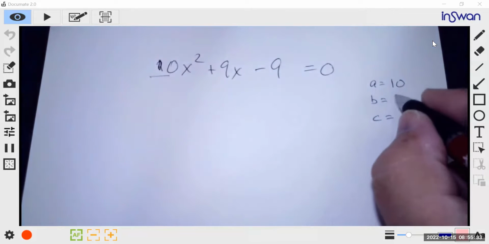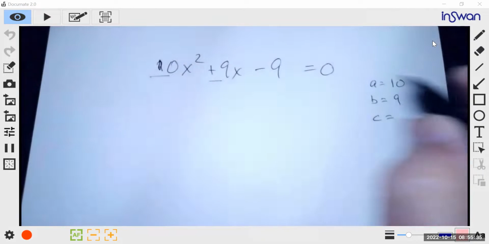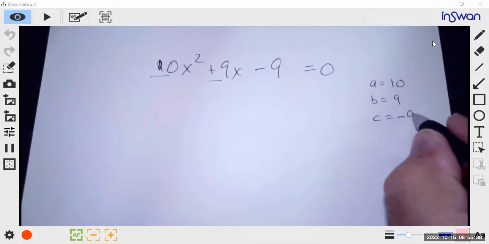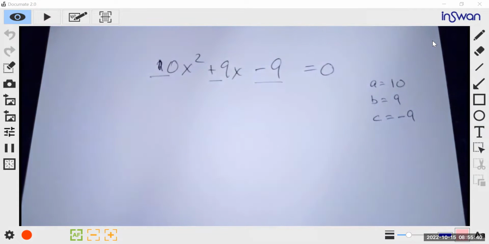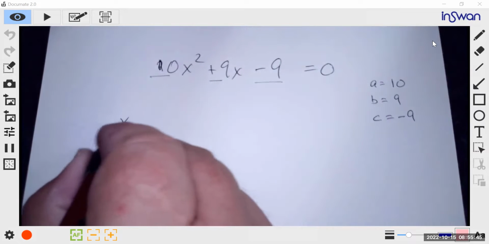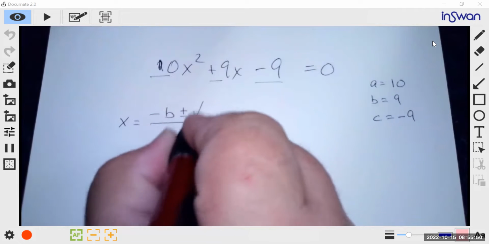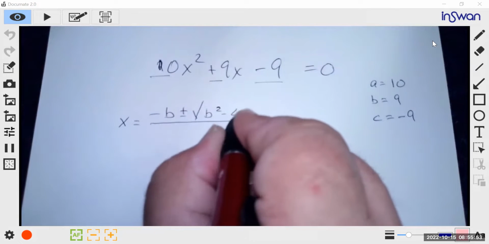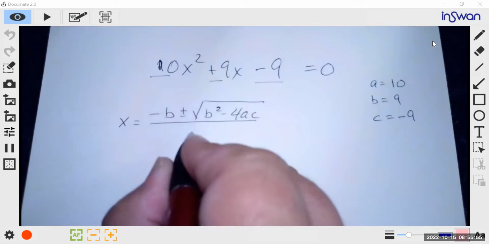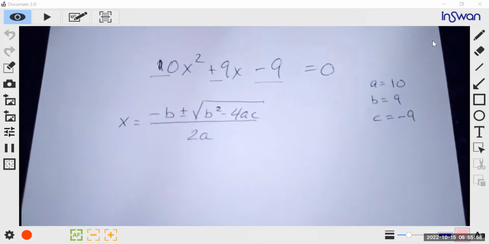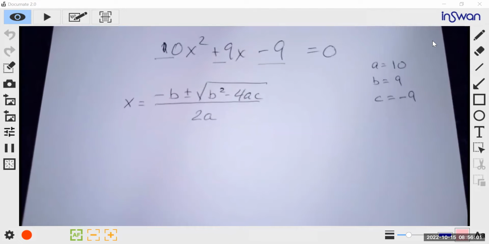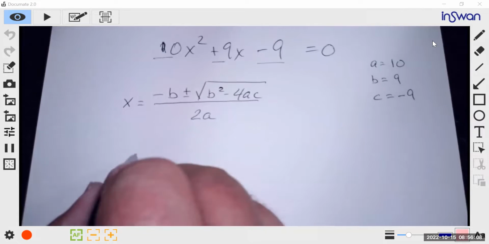B is 9. It's whatever's in front of the x. And C is negative 9. It's whatever the constant is. Write down the formula. And plug and play.